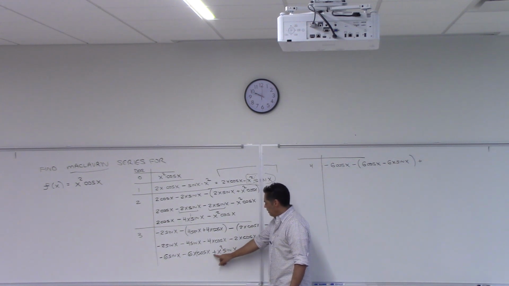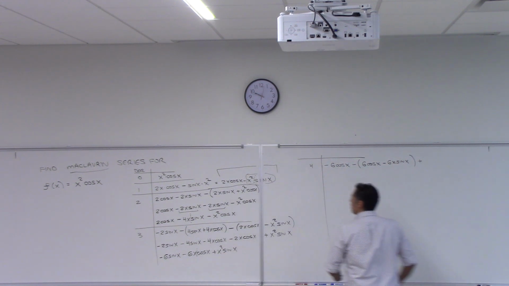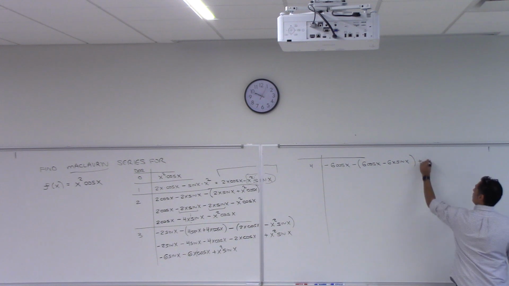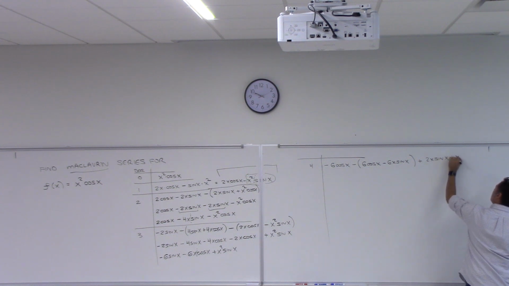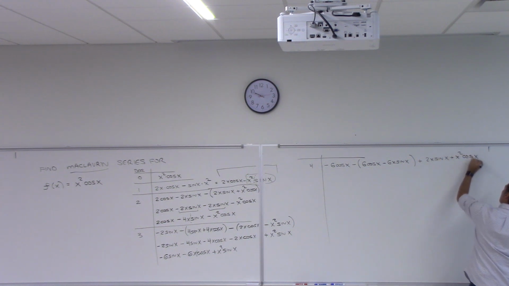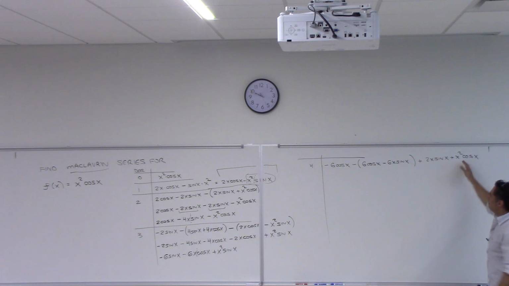So derivative of this is just going to be 2x sine x, and then plus x squared cosine x. Hey, x squared cosine x, I saw that earlier, didn't I? There is a pattern starting to appear here, because I'm going to have to differentiate that again. But let's clean up the rest.